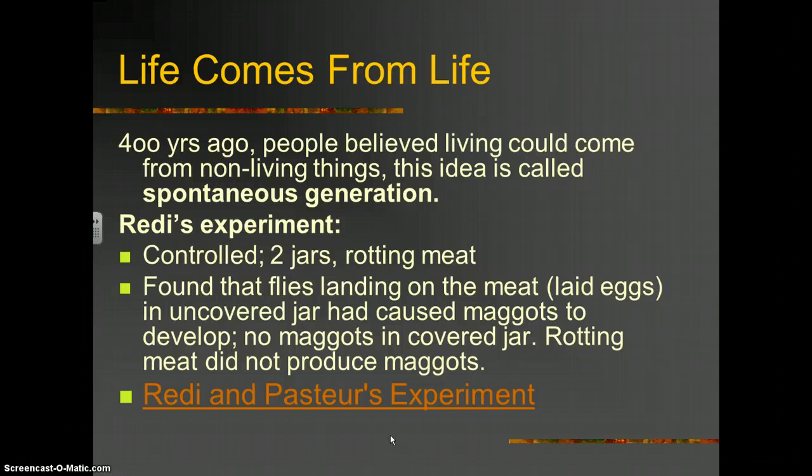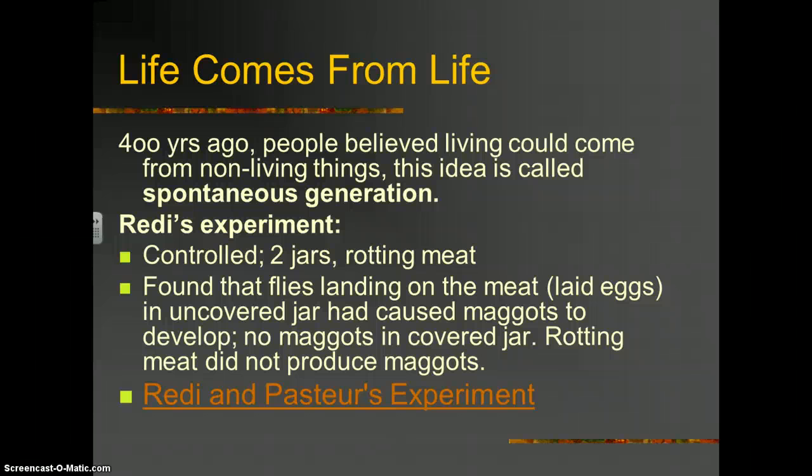Now, the big study here: we've been talking about how scientists do experiments, and we, as scientists here in our classroom, have been doing experiments. But at one time, and this is talking about over 400 years ago, people thought that there'd be trash and garbage laying around, and they thought that living things could be reproduced or could develop from non-living things.